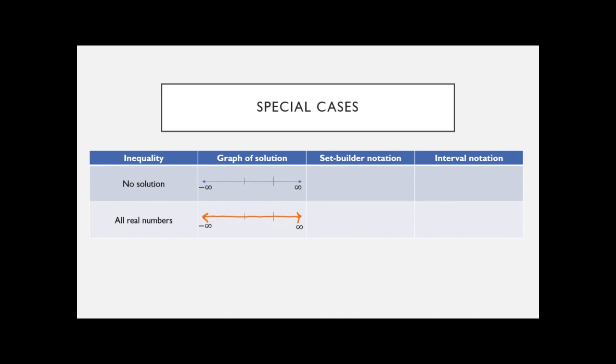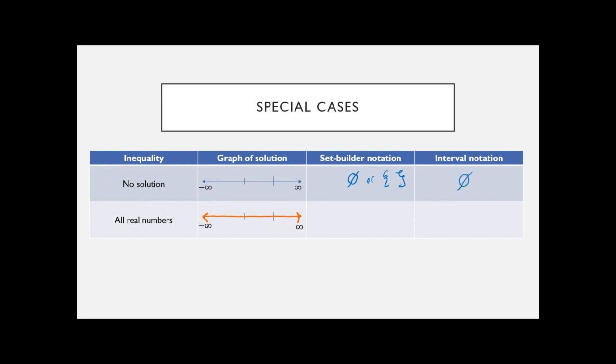So the special cases for these is when we have set-builder notation, we usually will instead use set notation. So no solution usually will be an empty circle, or you can have what's called the empty set. So we've got a circle with a line that also means empty set, or the curly braces with nothing inside.